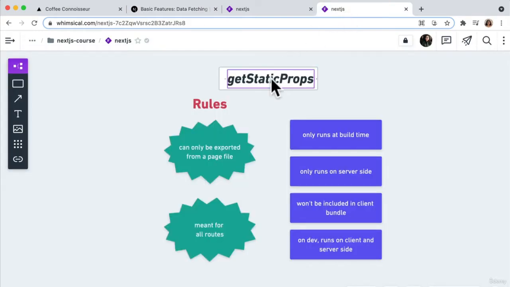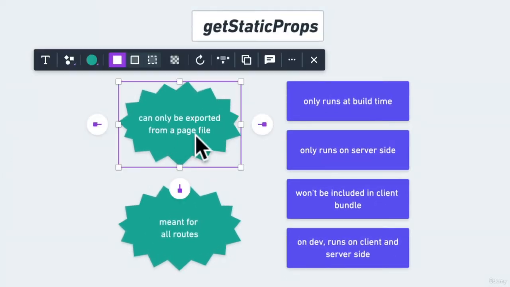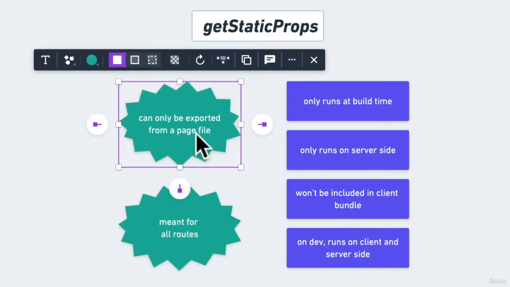Now, in getStaticProps, the rules are that it can only be exported from a page file, and it's meant for all routes. And what that means is, if it's a page, then only can we export a function called getStaticProps, and only then will Next.js recognize that as a way to pre-render content.